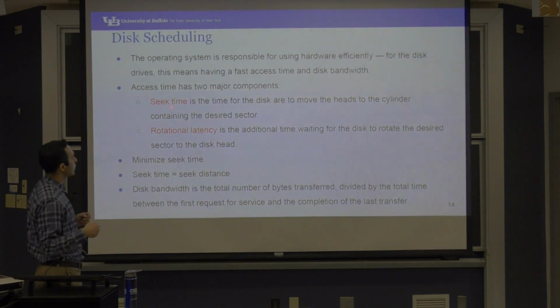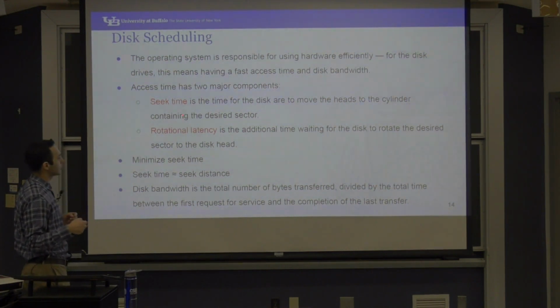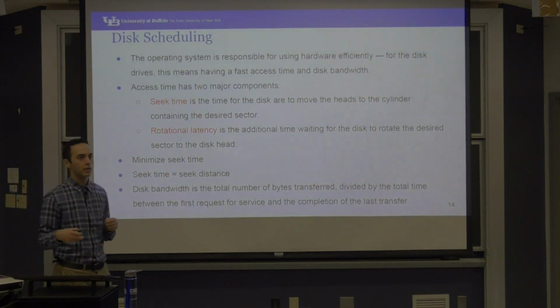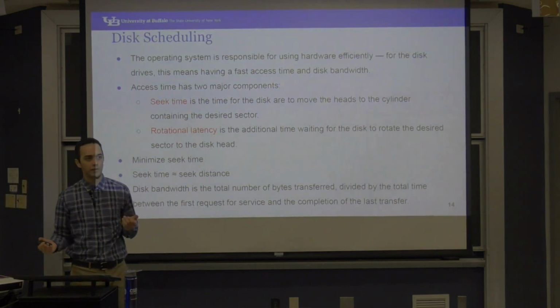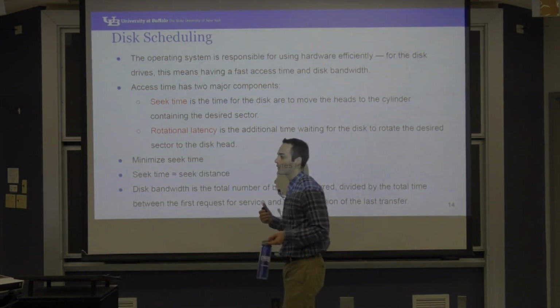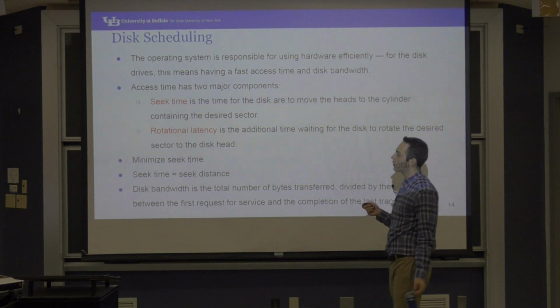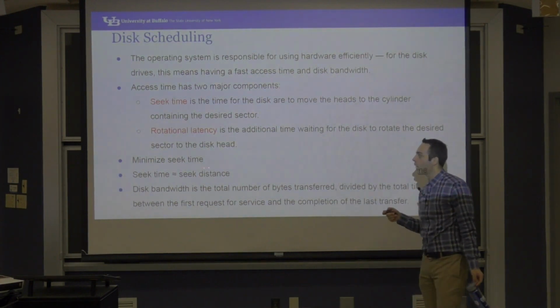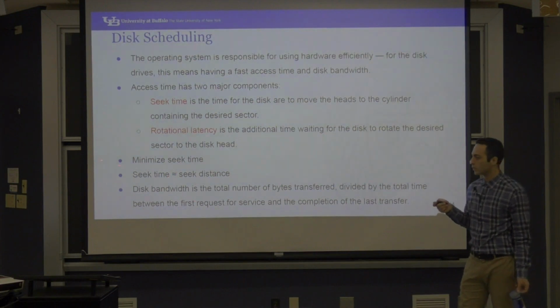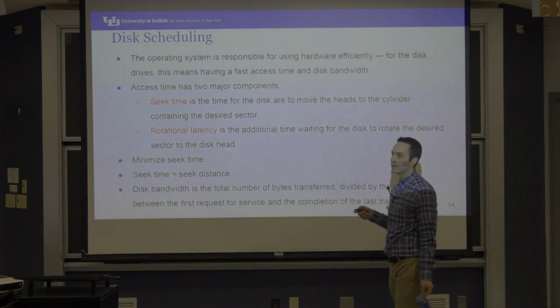So the components that are hurting us the most are the seek time and the rotational latency, and the overhead of the scheduling and all the other things is usually, again, negligible compared to these, right? So what we want to do is to minimize seek time, and the seek time is almost equal to the seek distance, right?